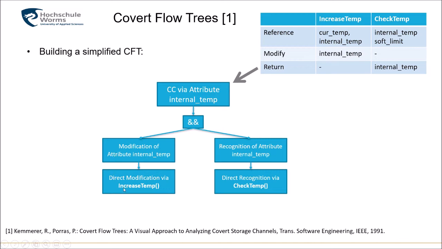There's a direct modification of internal temperature feasible via the increase temperature procedure, and we see this because it is visible under modify. And if we want to recognize the modification of the attribute internal temperature, then we can also directly recognize this using the return value of the check temperature procedure.